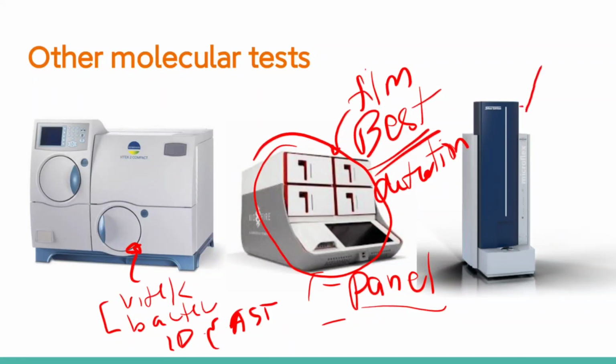The next one we have the MALDI-TOF. So this is the MALDI-TOF. So matrix assisted laser desorption, ionization, time of flight. Okay, so ang MALDI-TOF, ilalagay mo lang yung specimen mo dyan. So this is the one with the highest sensitivity.